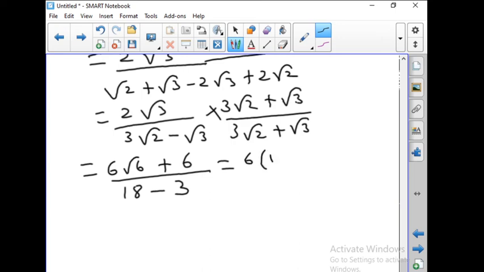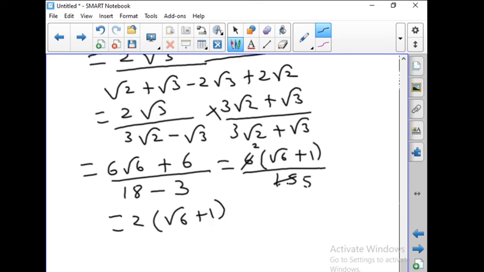So 6 into root 6 plus 1 by 18 minus 3 is 15. Now 3 goes here 2 times and 3 goes here 5 times. So we can write this as 2 into root 6 plus 1 by 5. Okay, so this is our final answer.